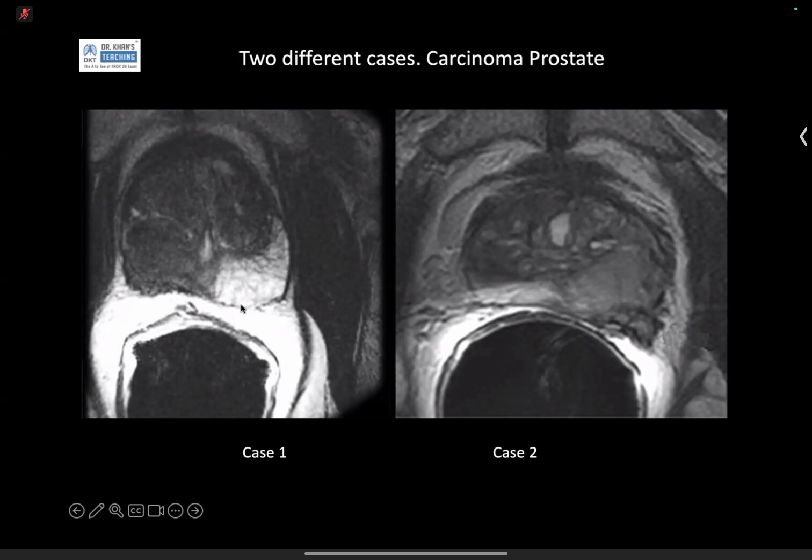And you can imagine that the capsule actually is where I am pointing out here. This is another case where there is more frank extracapsular extension. This is the neurovascular bundle, which is sitting here, and it is invaded in this case.